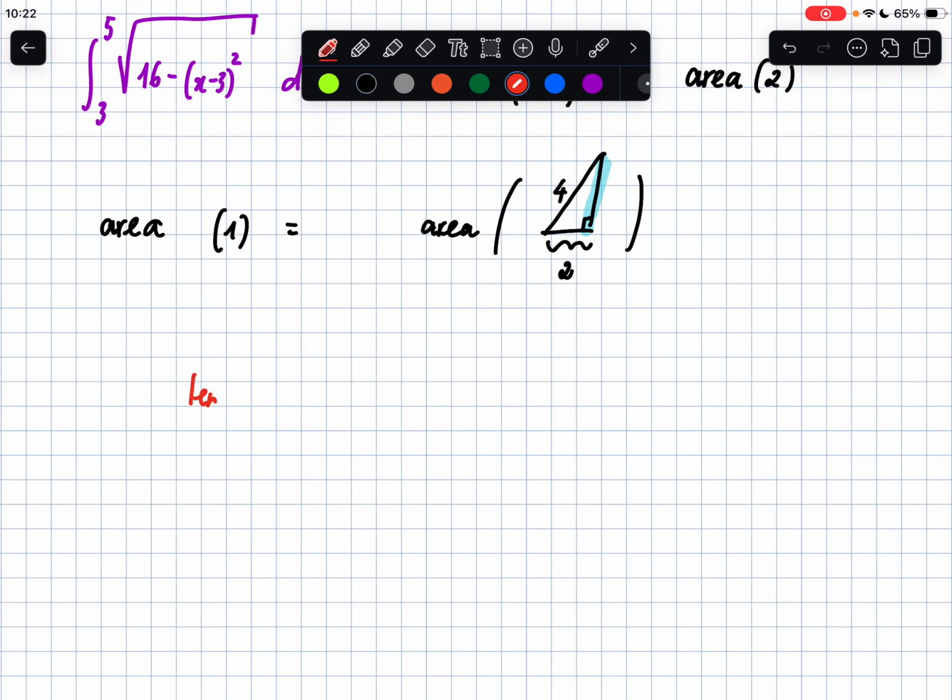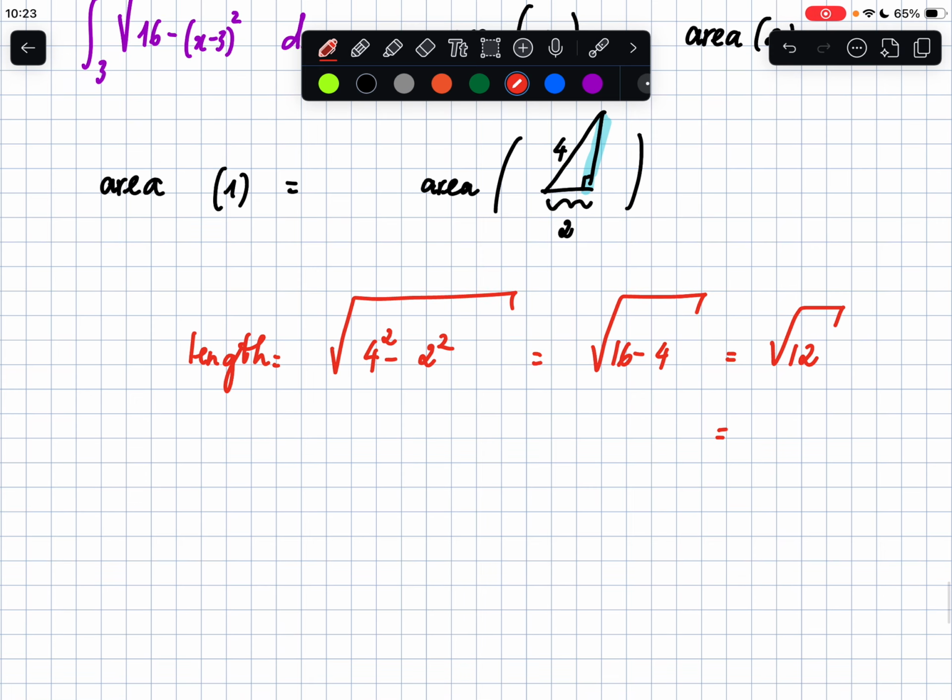The length of the other side is the square root of 4 squared minus 2 squared. 16 minus 4 is 12, and 12 is 4 times 3, so it is 2 times the square root of 3. With that, the area is 1 over 2 times 2 times 2 root 3. The 2 and 2 cancel out, and you have 2 root 3 for the area of region 1.